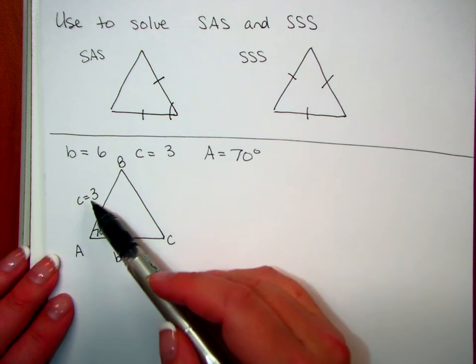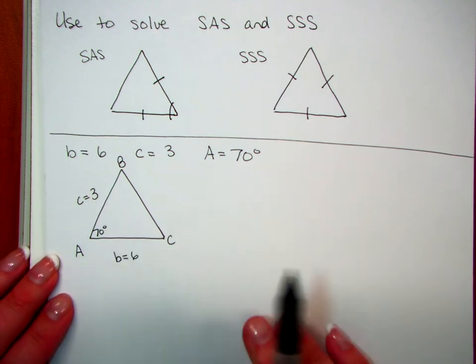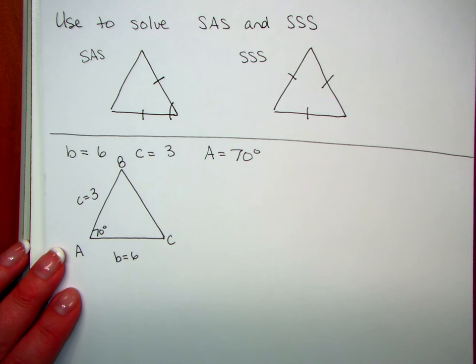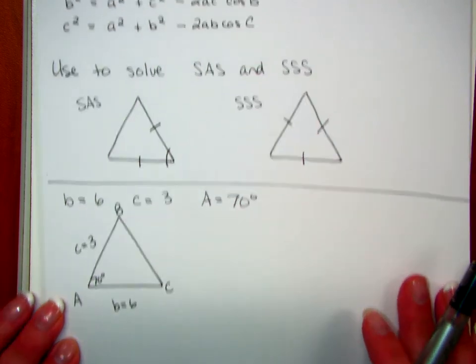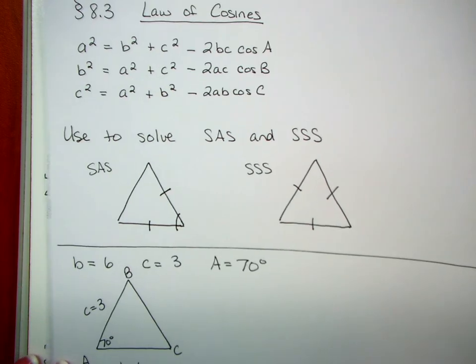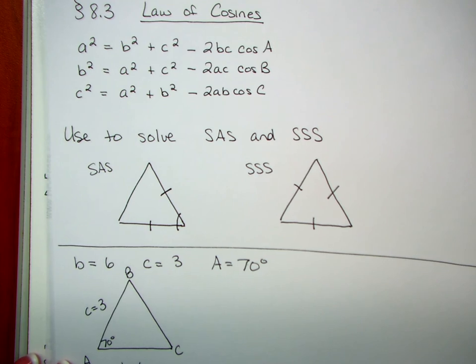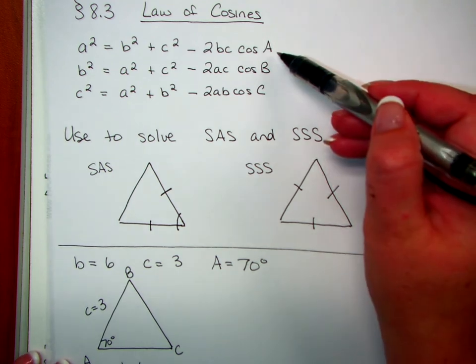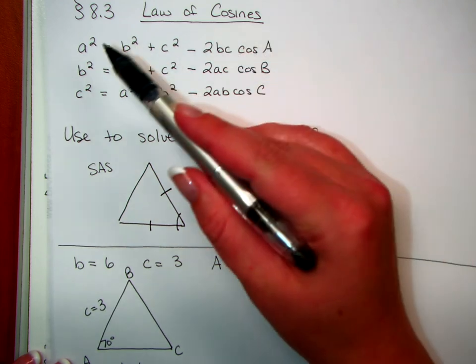If we're given little b, little c, and angle A, we have to use one of the formulas that has little b, little c, and angle A in it. Looking up here, which ones have angle A in it? There's only one, so we're going to have to use the top one.